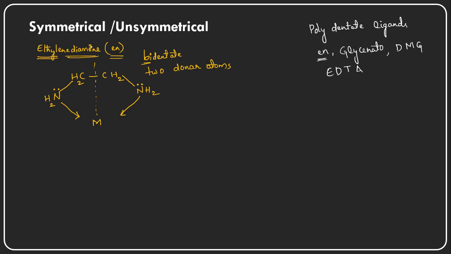And another molecule, let us see now, the glycinato molecule. This is the second example I am taking, which is represented with GLY, and I will write glycinato ion.